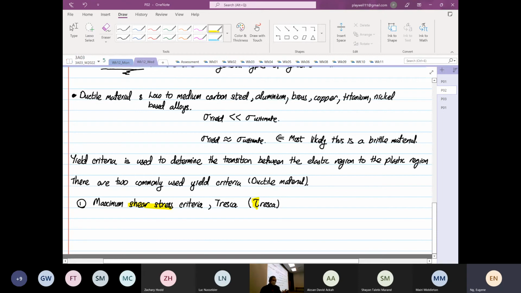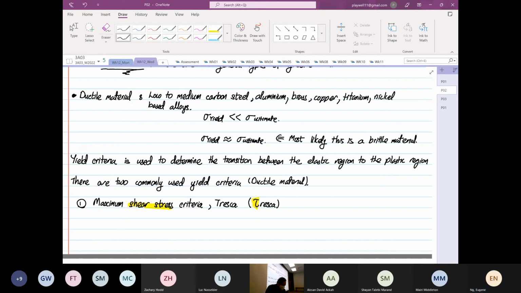So that's how I remember Tresca is based on maximum shear stress criteria. I used to have very poor memory with all this. Like the periodic table, between manganese and magnesium, I don't know which is Mg and which is Mn. It's that bad. Not bad memory. I could not be bothered.